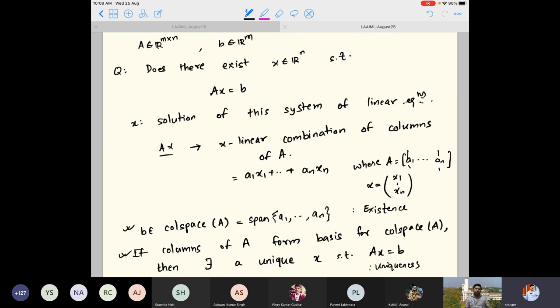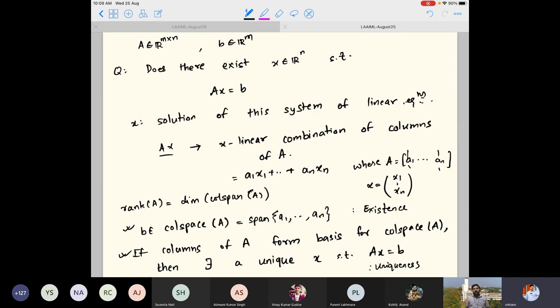We also defined the rank in the last class. The rank of A is the dimension of the column space, whatever you want to call it. So if the rank of A and the rank of the augmented matrix [A B] are the same, then there exists a solution, and so on.